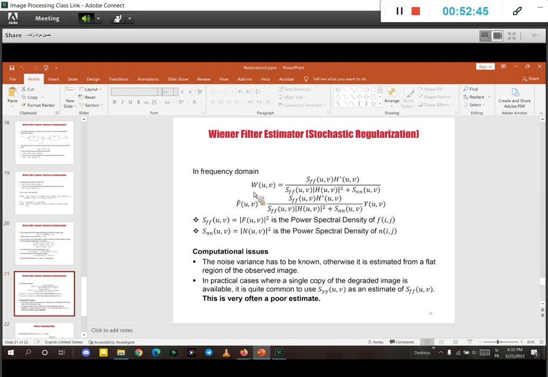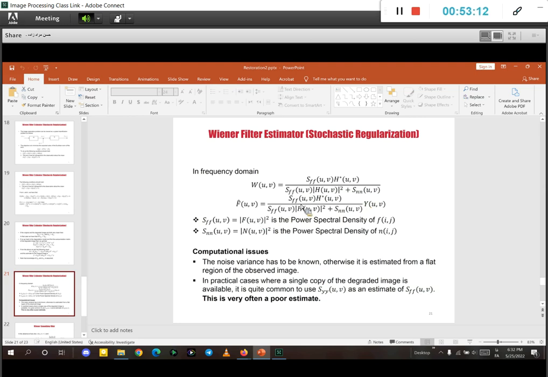In the frequency domain, W is the PSD of the input image, or power spectral density, times H conjugate, over the PSD of the input image times the magnitude of H squared plus the PSD of noise.